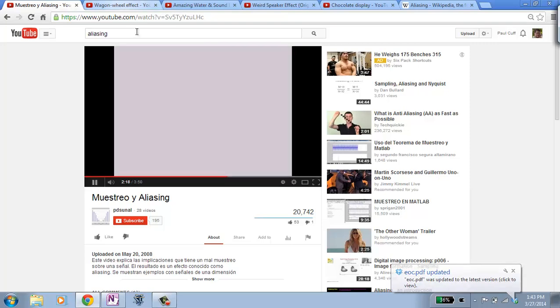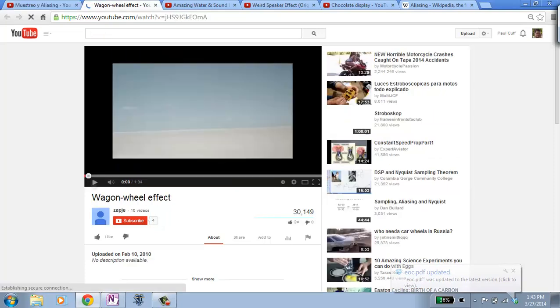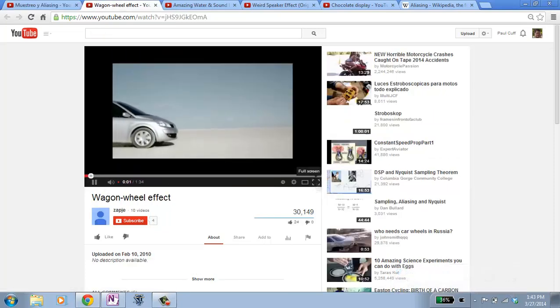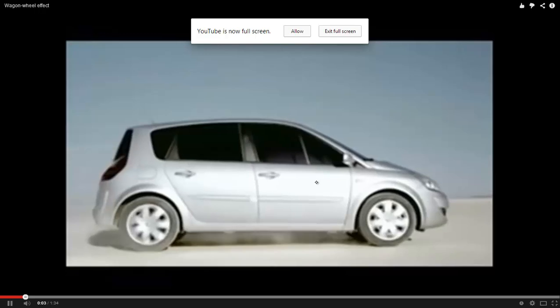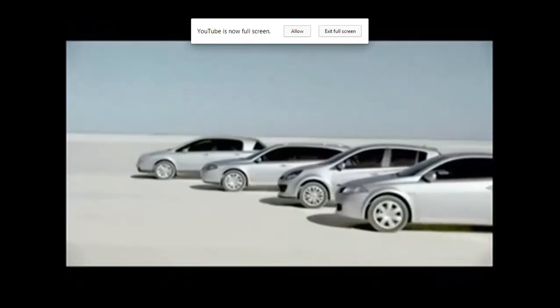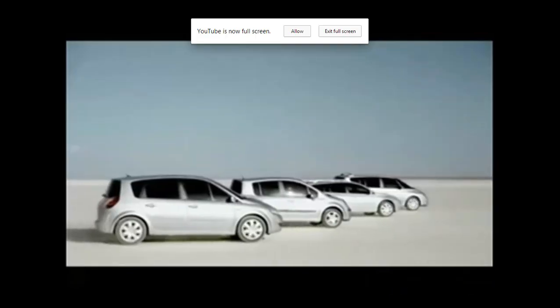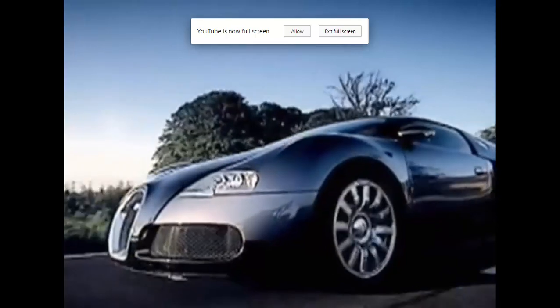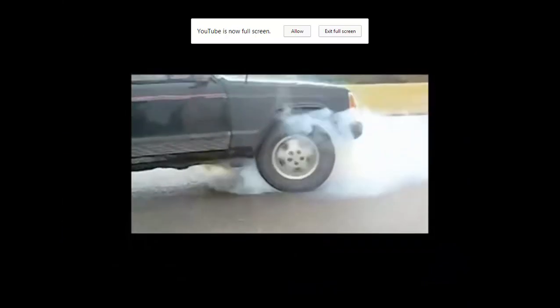Here's another very similar sort of example. We've all seen these in movies and so forth. You can get a lot of examples with things going in circles. So the wheel looks like it's going backwards.